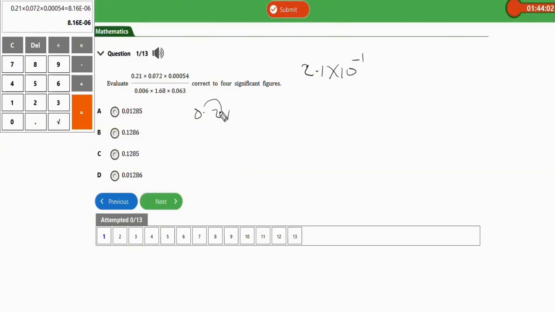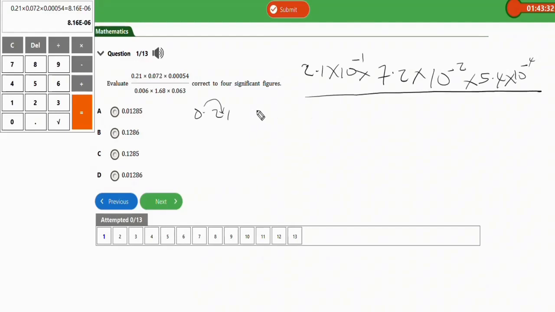Times 0.072 is 7.2 times 10 to the power minus 2, times 0.00054 is 5.4 times 10 raised to the power, you move 1, 2, 3, 4, up to 4 times, over, then we have 0.006 as 6.0 times 10 to the power negative 3, times 1.68, times 6.3 times 10 to the power negative 2.